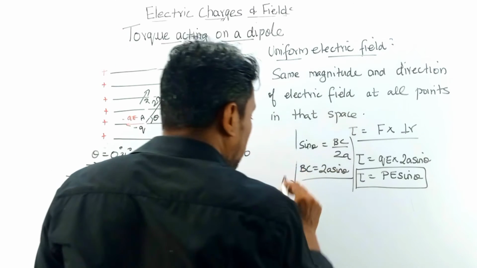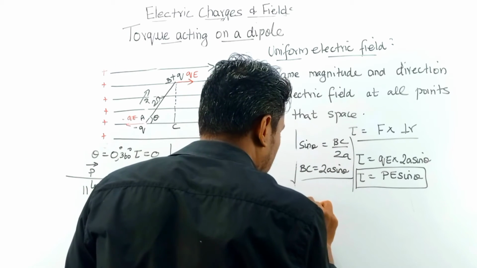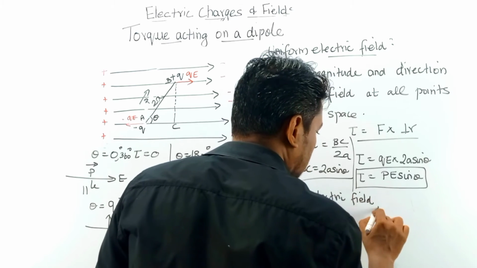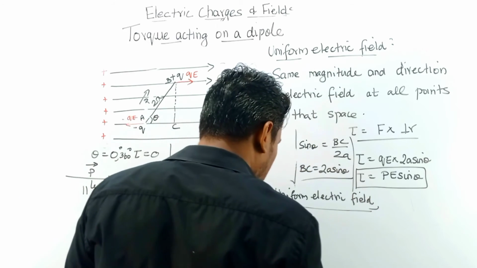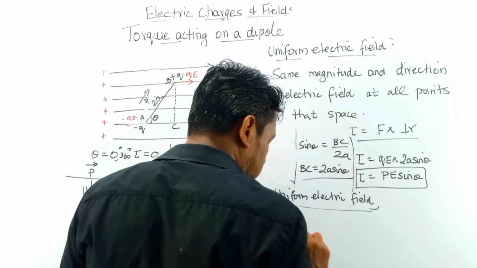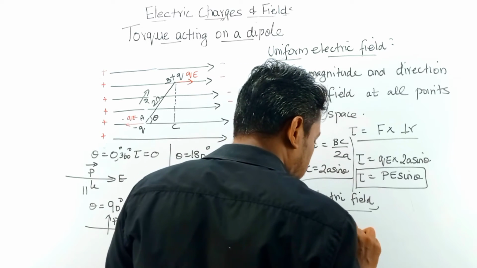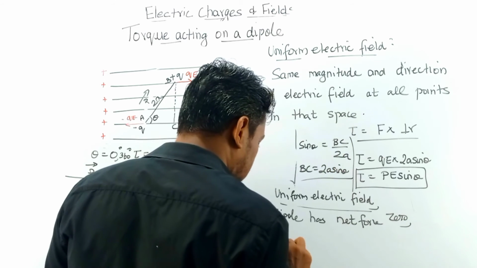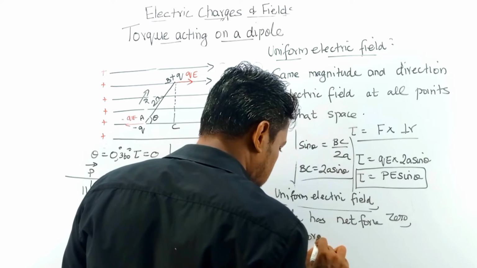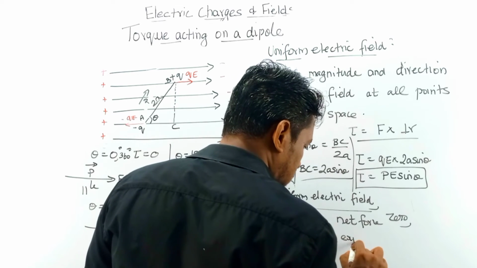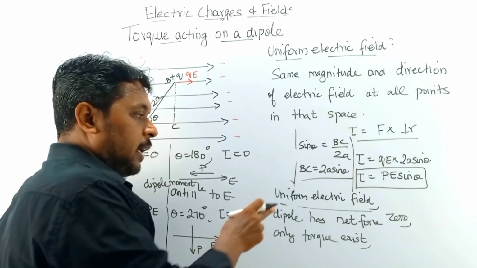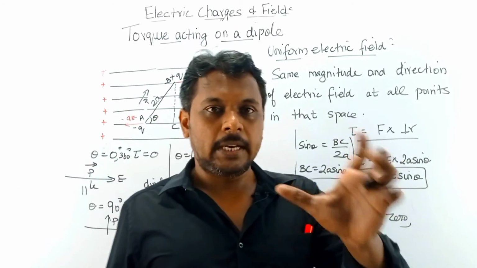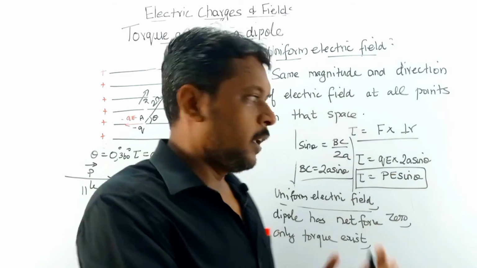In a uniform electric field, the dipole has net force 0, but only torque exists. Fine.